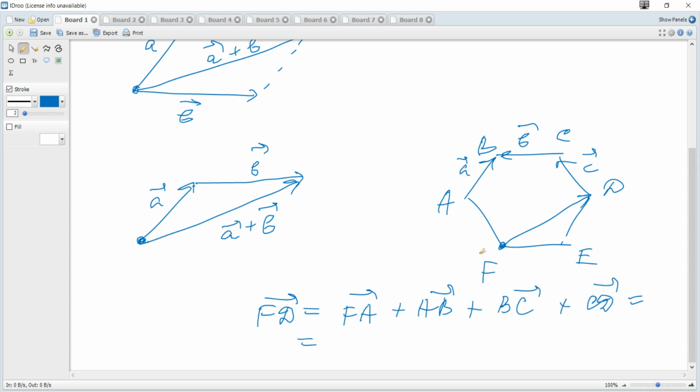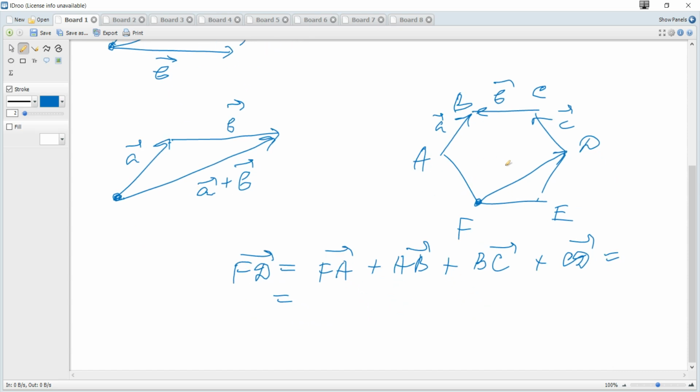And you can see that FA is parallel and of the same length as vector DC, and it's directly vector c. AB is given, it's a. BC, we need BC, but CB is vector b. We need the same parallel vector, but in the opposite direction, of the same length. So we just add negative b, or just minus b.